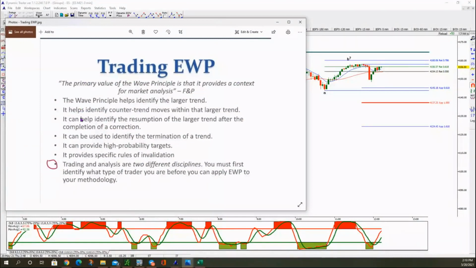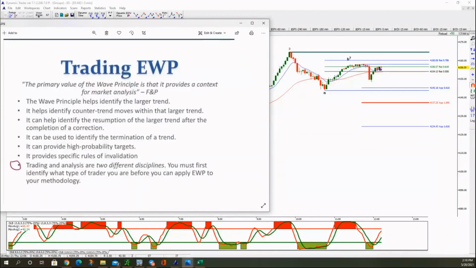Okay, it also helps identify counter trend moves within that larger trend. And that's exactly what we're doing right here. This is a counter trend move within the larger trend move. It can also be used to identify the termination of a trend. If this, in fact, is the correct count, this is the 3, and let's just pretend this were the 4 right here.